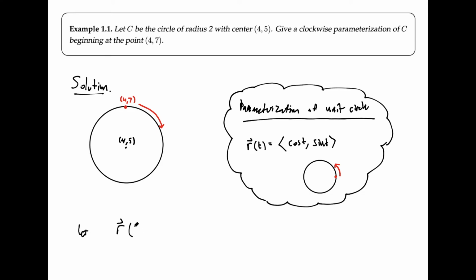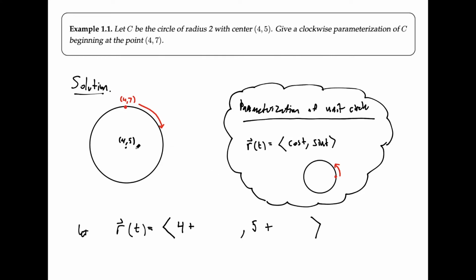So what if my x component looks like 4 plus something, and the y component looks like 5 plus something? Like I said, essentially what this does is it just takes whatever picture we're starting with here, shifts it to the right 4 units, and up 5 units.